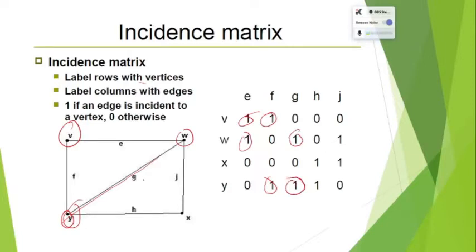While yung H naman is yung X at saka Y. X at saka Y lang ang nakakonekta sa kanya. While yung J naman would be W and X. So, as you can see, si W at saka X lang ang may 1. Okay? So, that is for incidence matrix.